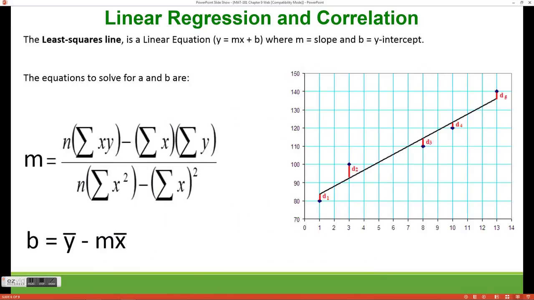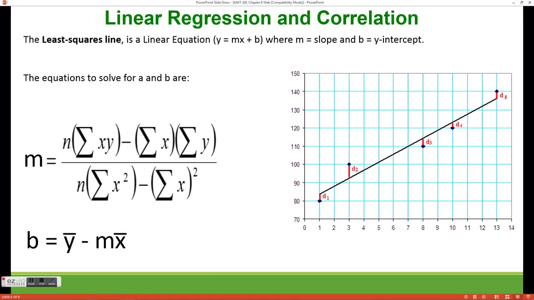The line that we have drawn is a straight line, and the equation for that line can be given in slope-intercept format. We should be familiar with that format. It is y equals mx plus b, where the m value represents the slope of the line, and the b value represents the y-intercept. When we want to find an equation of a line, we need to solve for the slope and the y-intercept.